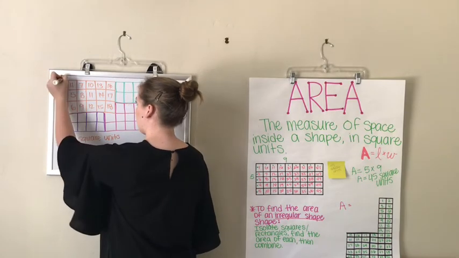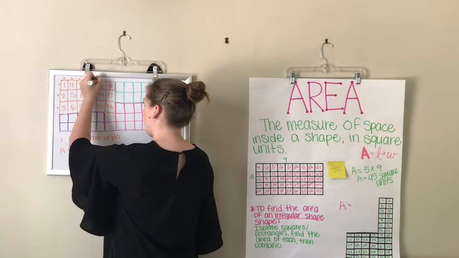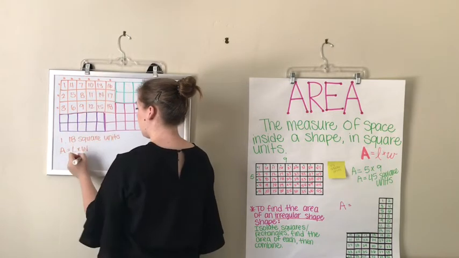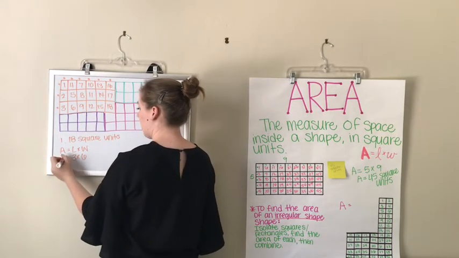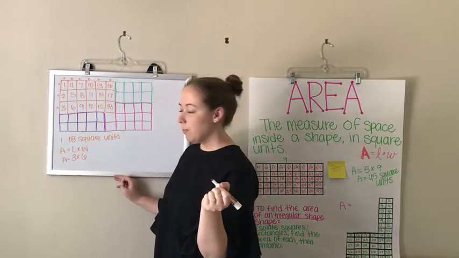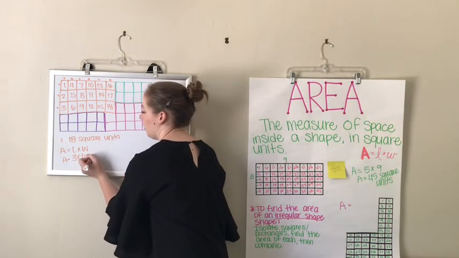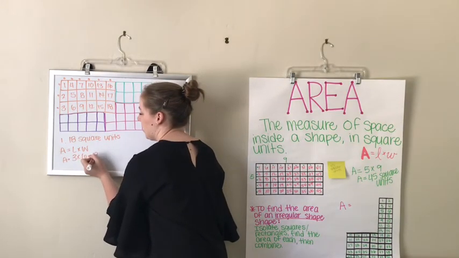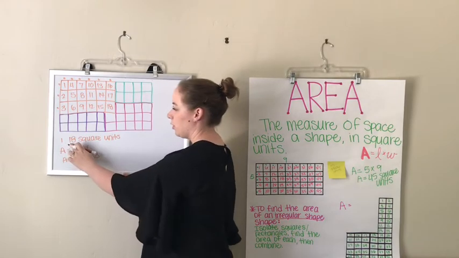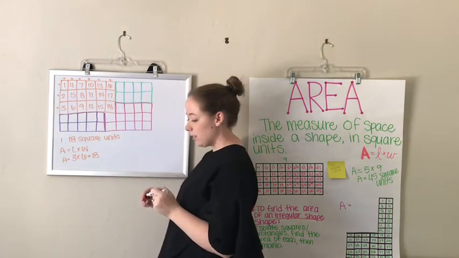And my width is 1, 2, 3, 4, 5, 6. 6. So to find area, I need to multiply length and width, 3 times 6. Since I've been working on my multiplication problems, I know that 3 times 6 is 18. And therefore, my answer of 18 square units for the area of the soccer field is correct.